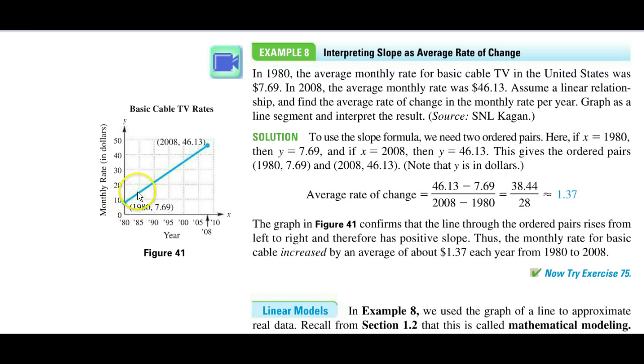And if it's a straight line or linear increase, theoretically you can make a graph out of it. You have two sets of data points, and you can find the approximate slope. And that's what they've done here. Put your y values on top, x values on the bottom, and you find the slope, and there it is.